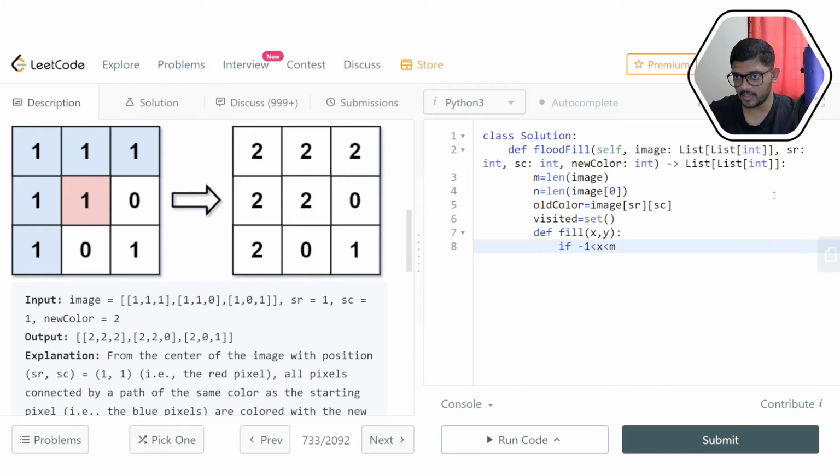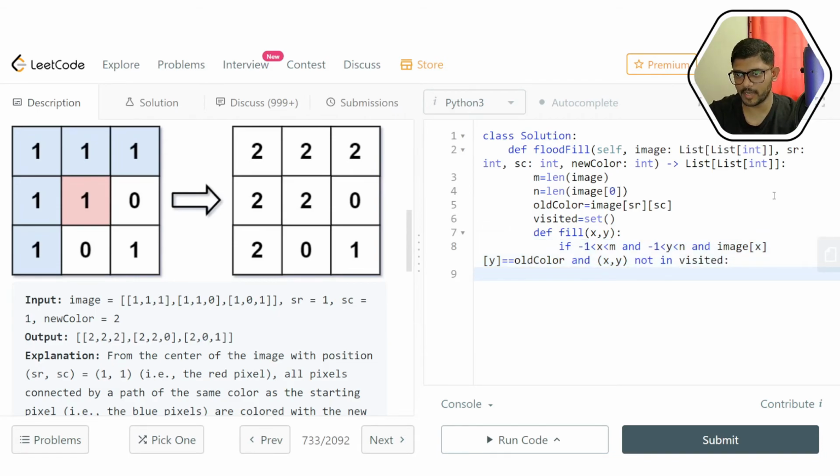This inequality basically ensures that. And make sure that the column number is valid. This inequality will ensure that. And make sure that the color at that particular cell, x comma y, is old color. And finally, also make sure that that particular cell x comma y is not in visited, right?